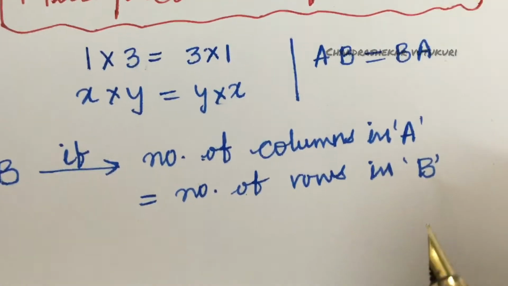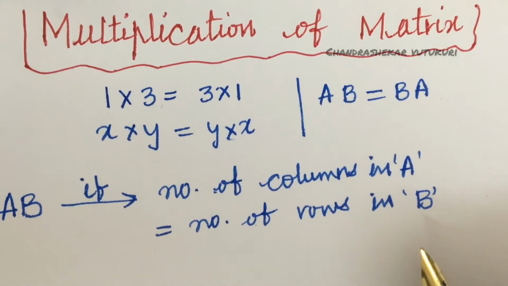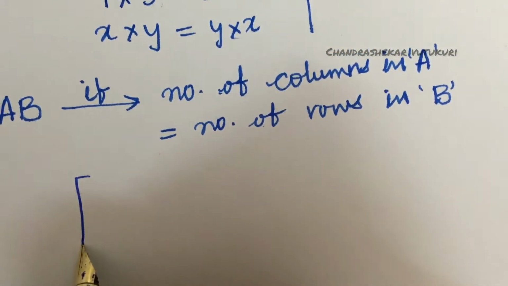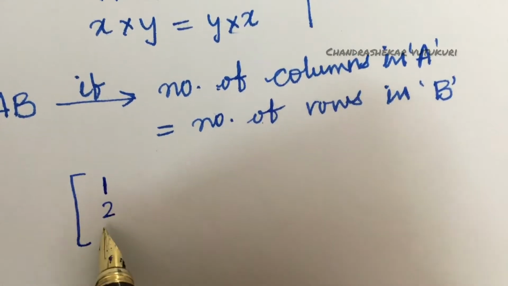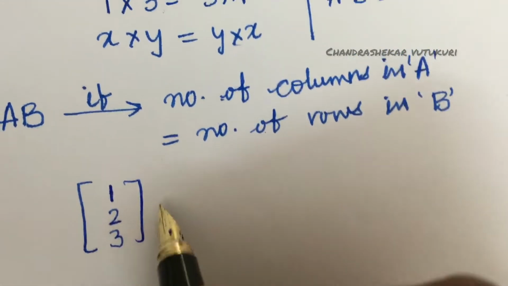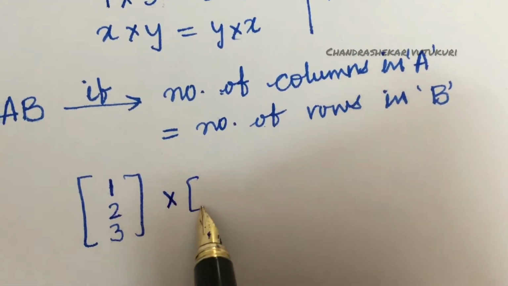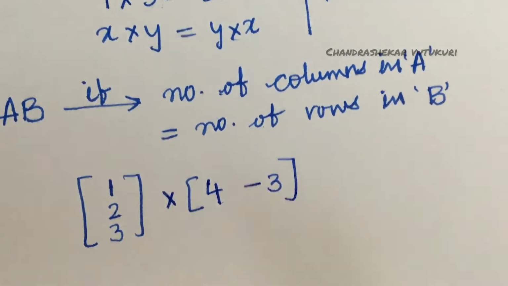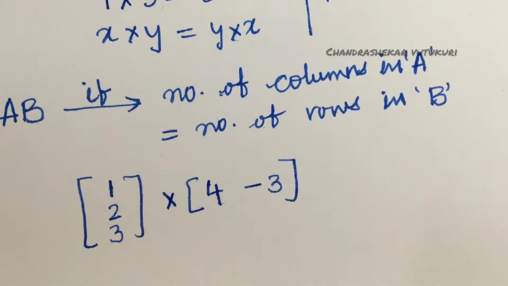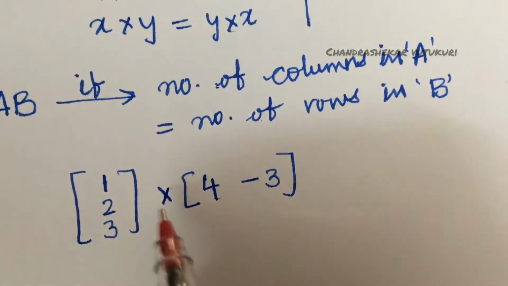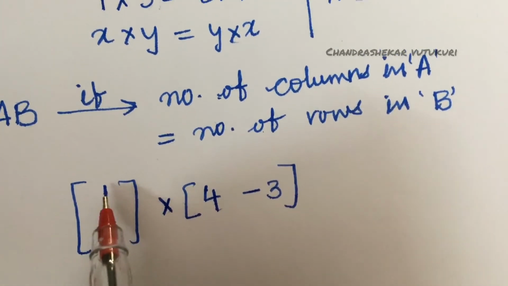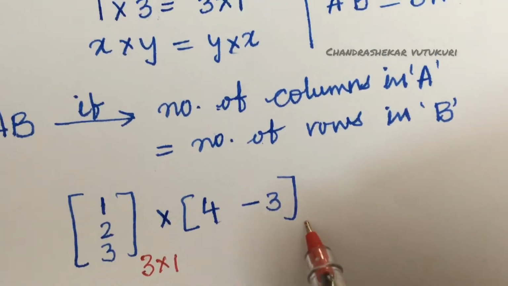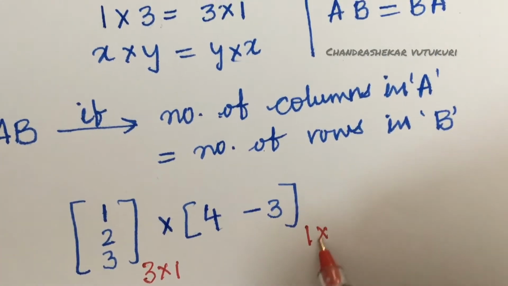Let us take an example and look into whether the compatibility is working with this or not. Let matrix A be 1, 2 and 3, and it is multiplied with a matrix B of 4 and minus 3. Dear students, in the earlier video I was telling you all to work out the order of a matrix. That is very important. If you look at these matrices, the first is of 3 by 1 and the second is of 1 by 2, isn't it?